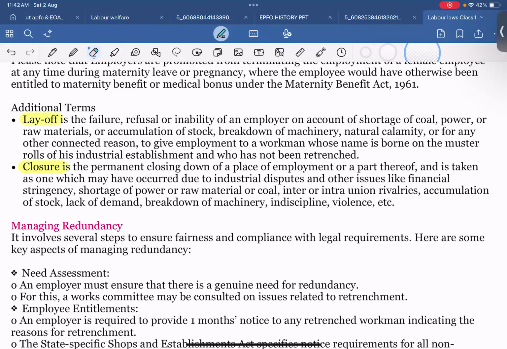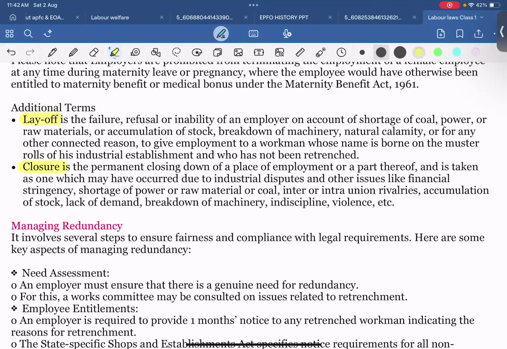Another aspect is that I don't have that much fund to give you. So that's why I am laying off the workers, right? So the reasons are shortage of coal, power, or raw materials, or accumulation of stock, breakdown of machinery, natural calamity, or any other connected reasons.